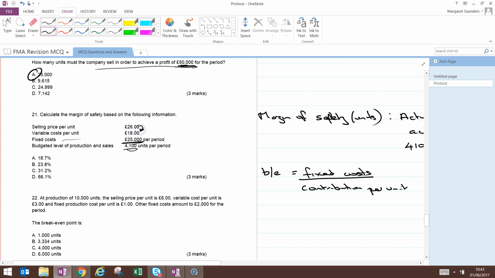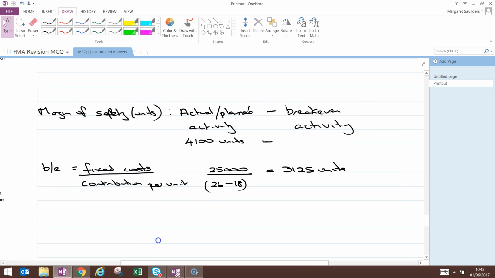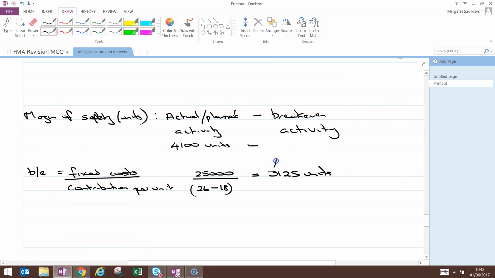So 26 minus 18. So £25,000 worth of fixed costs divided by the contribution per unit, which is your selling price minus variable costs, gives us 3,125 units. So that's how many units to break even. So we can put that figure into our calculation.